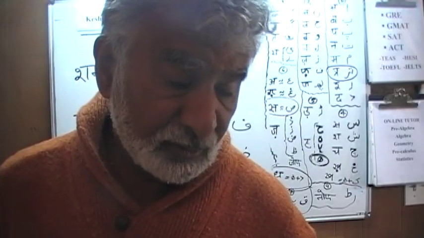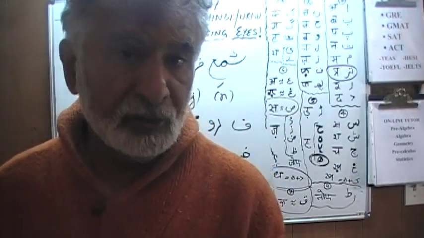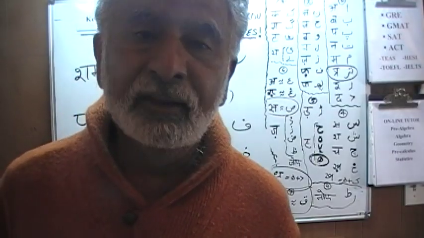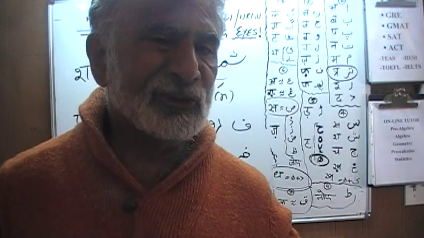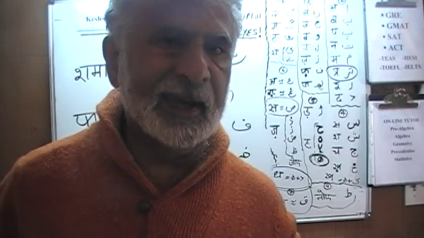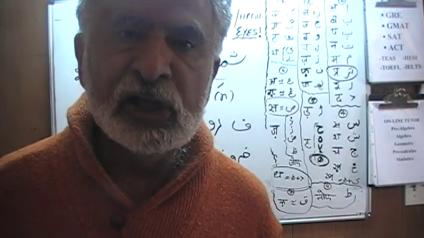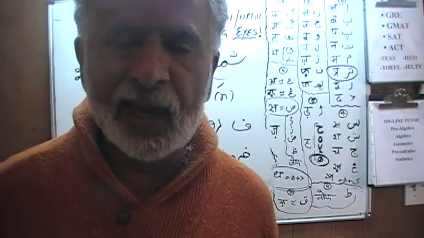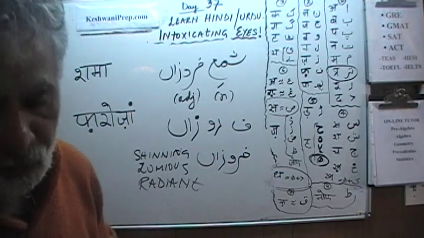Which I understand is a bit redundant, because light by definition is luminous, radiant, shiny, but that's what it says. A candle that is illuminating, radiating, luminous. My eyes are like a radiating, luminous, radiant candle. That's what she's talking about. Shame Farozan. Let's begin the show, shall we?